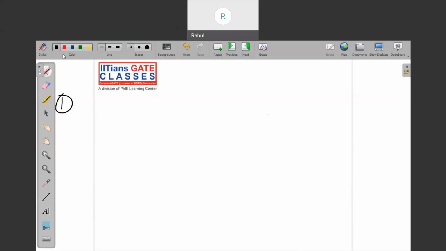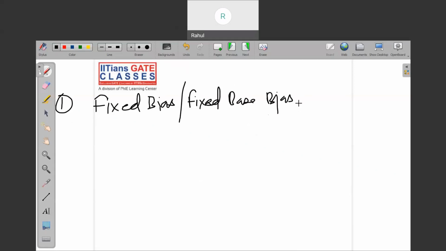Okay, so let me talk about the first kind of biasing technique. First is the fixed bias, or fixed base bias. We have to fix the base.